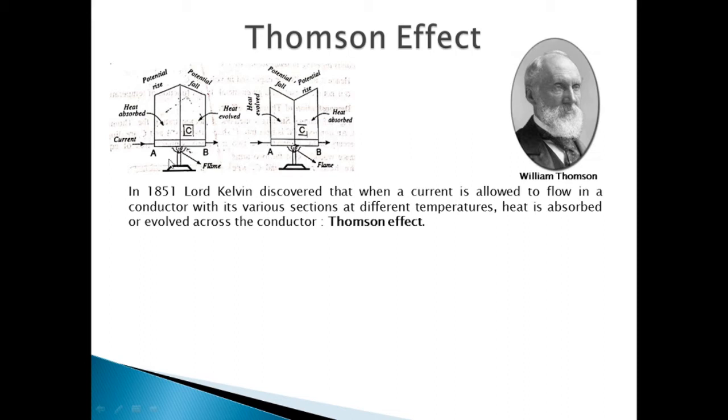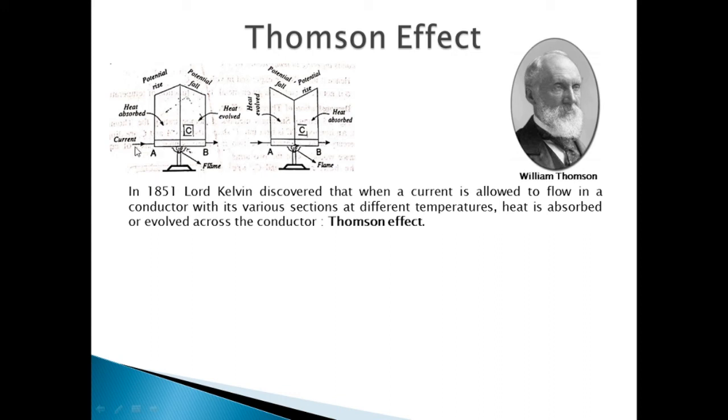Considering the first figure, AB represents the metal rod, which is heated in the middle. So there is a temperature difference across this rod AB, and a current is passing from point A to point B. Since this material is heated in the middle portion, point A will be in a lower potential area, and the middle portion will be of high potential.